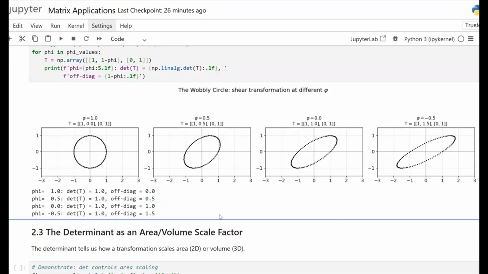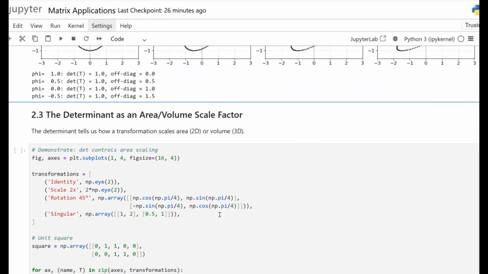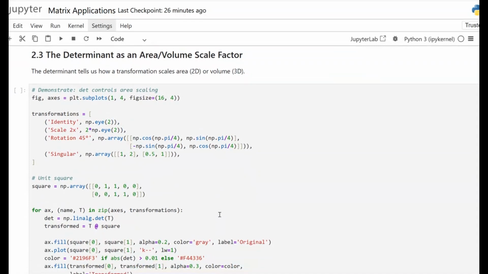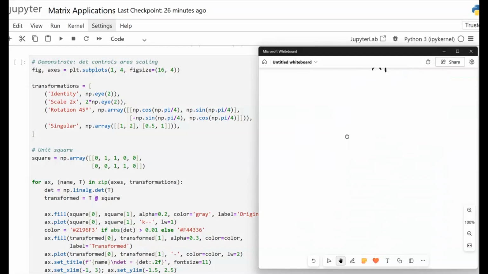Now let me move on to the determinant as an area or volume scale factor. Actually, this exact code provides a geometric demonstration of a central linear algebra result. What is that?